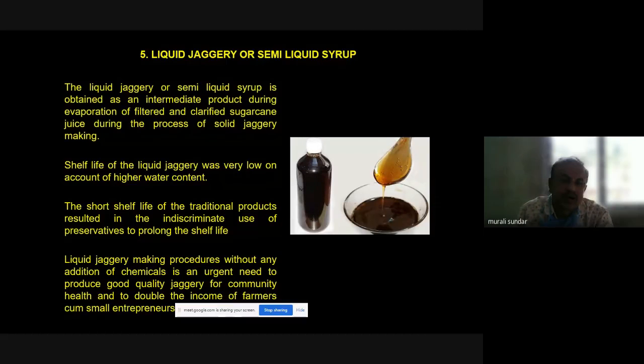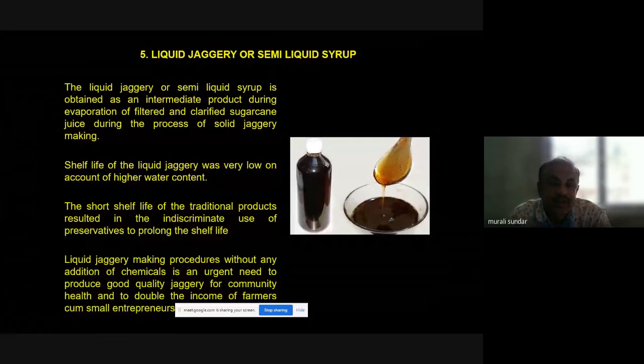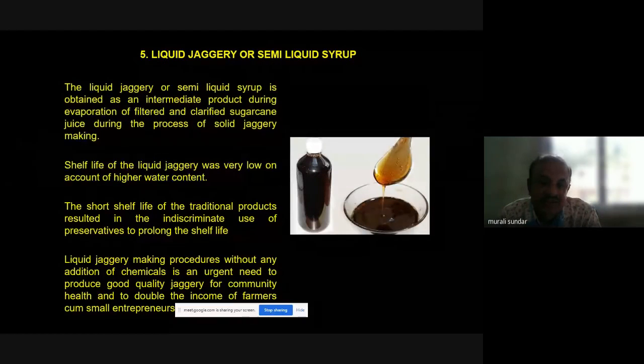And what are the products available in the market in the name of liquid jaggery? They have a very low shelf life because of higher water content. Naturally, high water content in any product will contaminate it or reduce the shelf life, and fungal growth will easily come.